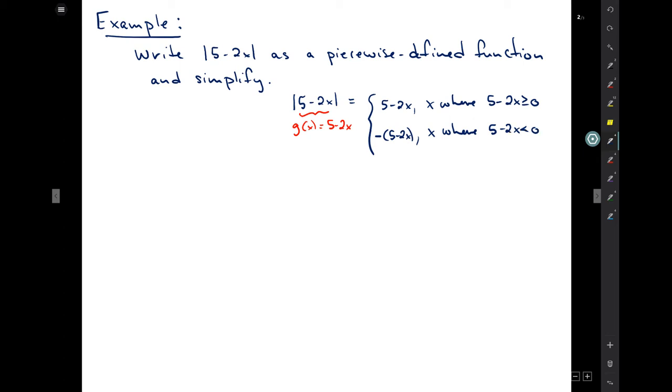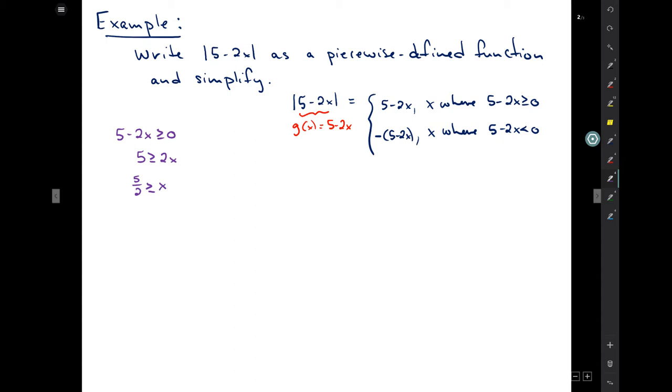So now if I take those expressions and I want to know where is 5 minus 2x greater than 0, where is 5 minus 2x less than 0, I can simplify those inequalities. I look at 5 minus 2x, and I say, okay, where is that greater than or equal to 0? I can add 2x to both sides, so I have 5 is greater than or equal to 2x, and I can divide by 2, so I know that x has to be less than or equal to 5/2.